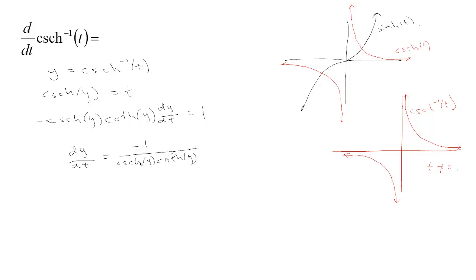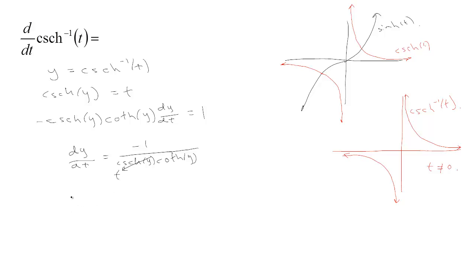Now we'd like to simplify this. We know the cosecant of y is t, so we can replace this cosecant y with t. We need to find the cotangent, but of course there's our hyperbolic identity that relates the cosecant to the cotangent.